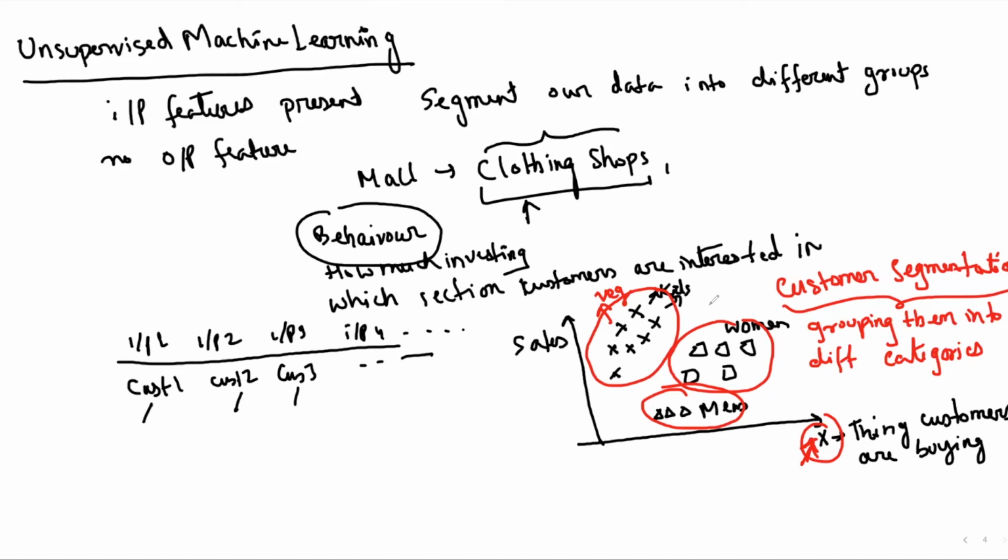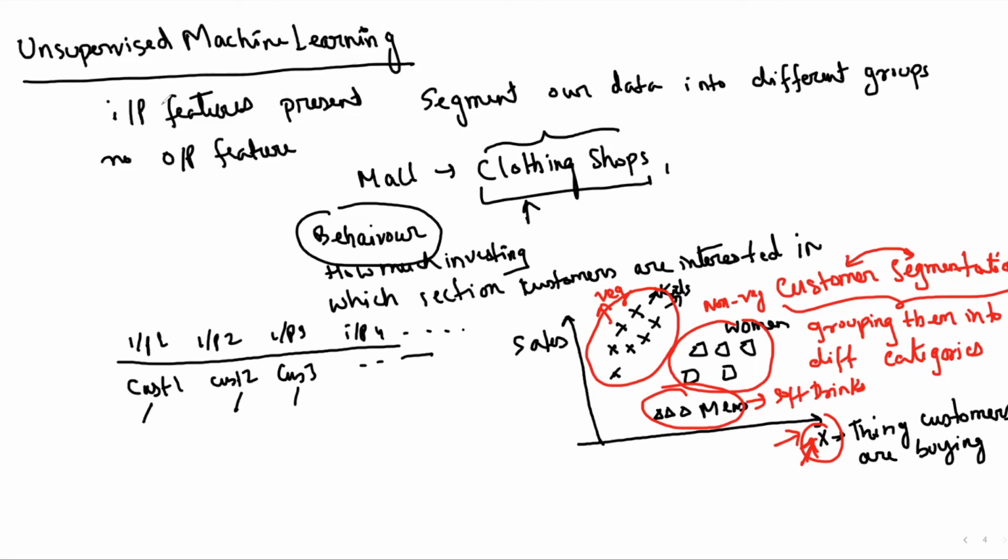This group of people are more interested in buying non-veg items. This particular group of people are only interested in soft drinks. So as an owner, by seeing this particular graph, I can easily say in which area I need to invest more, right? So this may be another use case. Depending on the input variable, the plot will be different, but ultimately the end goal is the same. We want to segment our customers.